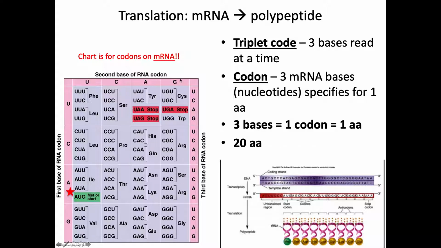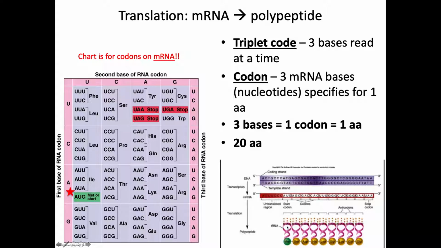And then G, the second base, will be here, so it's this column, this box right here. And then C is the third base. So here is C. Here's AGC, and it will code for serine. So here we have serine. That would be the next amino acid, and so on and so on.